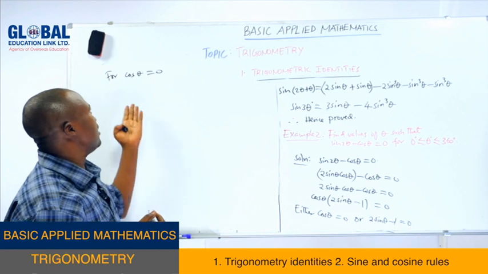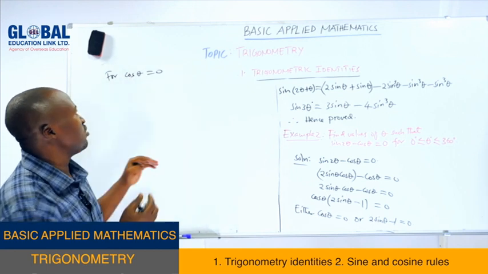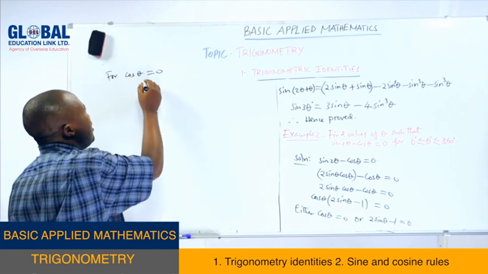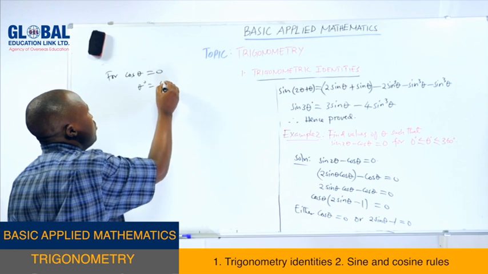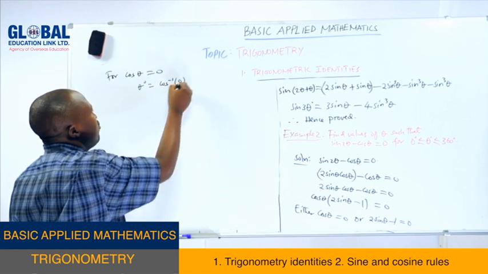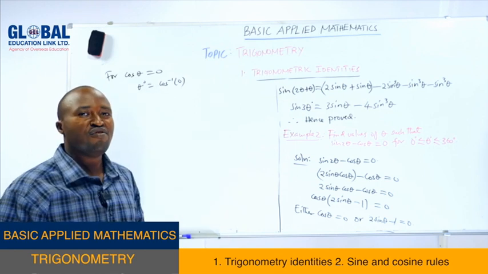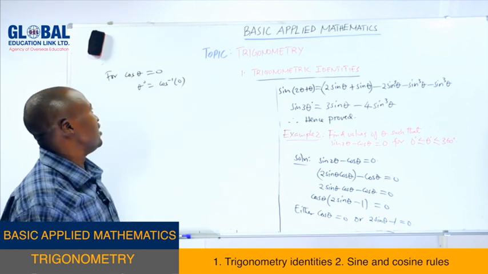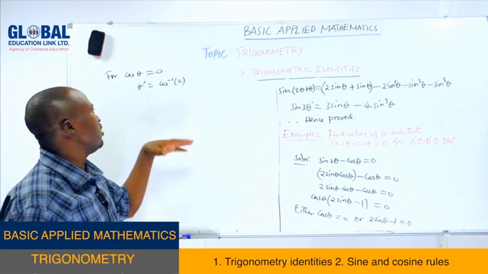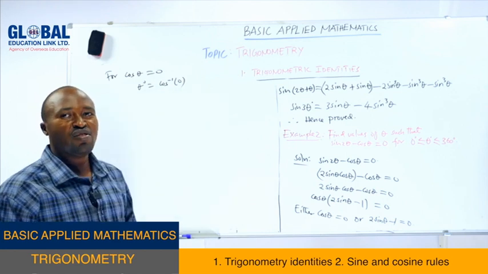It means we can shift cos theta by saying theta is equal to cos inverse of 0. Then just use your calculator to find the angle theta.